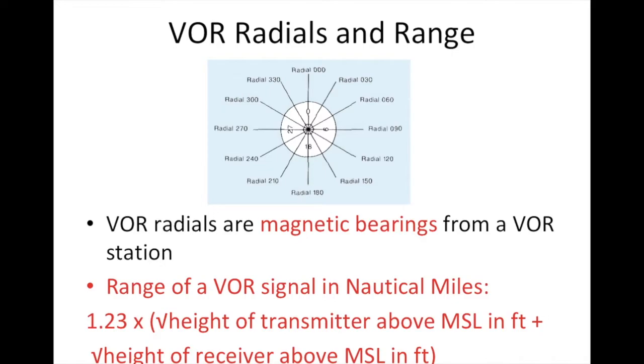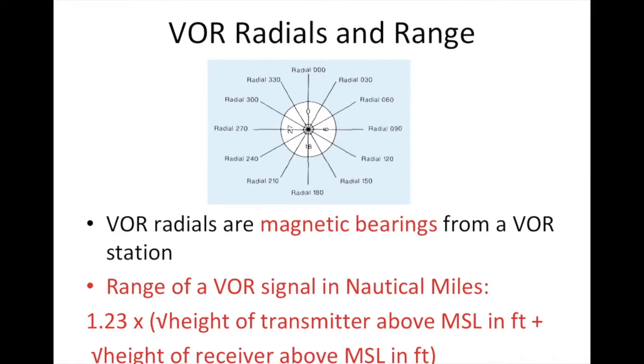That has to be converted into a magnetic bearing using the magnetic variation for the area that you're flying in. But usually when you see the radials drawn out from a VOR station on a map, you need to understand fully that these are magnetic bearings.